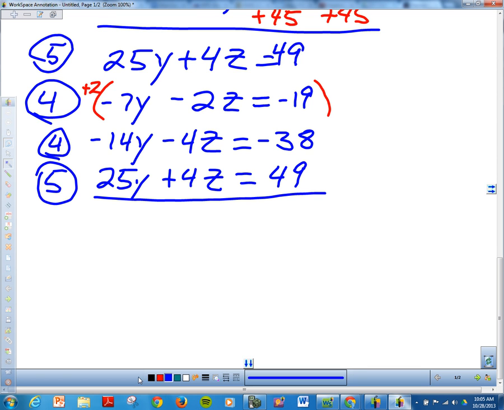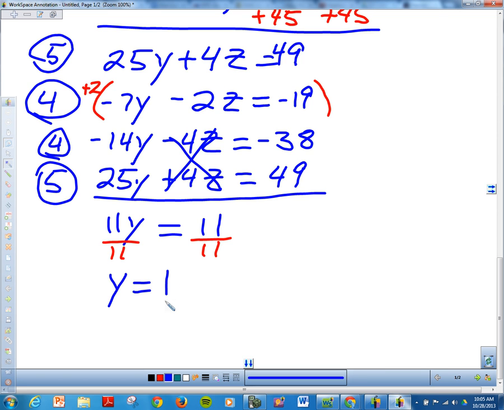Alright, so what do we get here in this first part? 11y. Right? This middle part cancels. 49 minus 38 is also 11. So y equals 1. Yes. So all of that math to get y equals 1. Right?